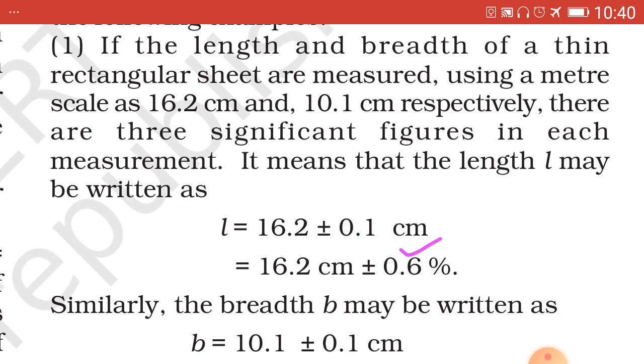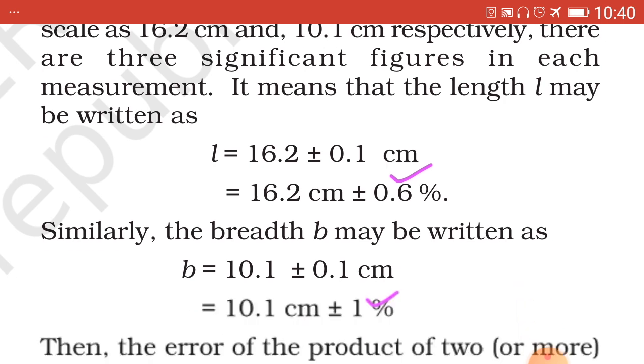Here the value of length which is measured is expressed in terms of percentage error. Now how does it become 0.6%?